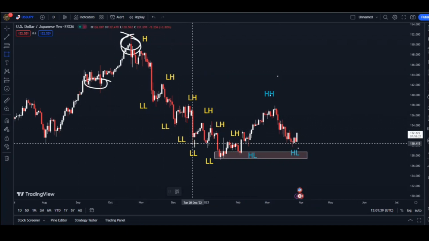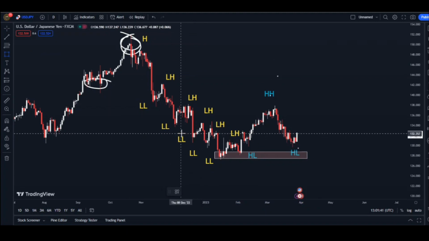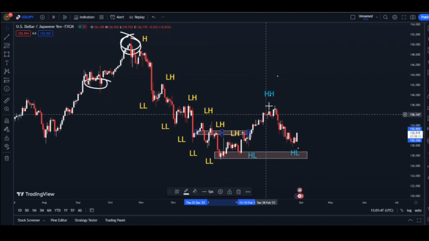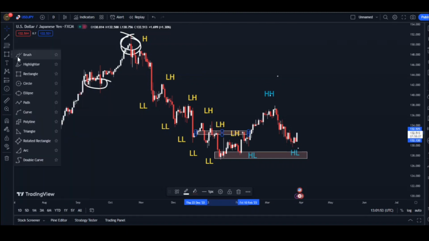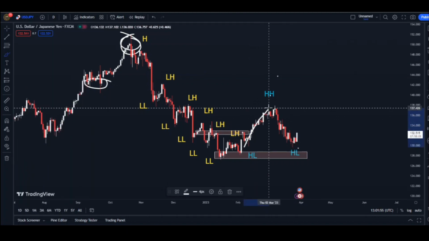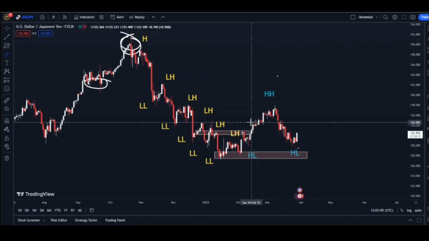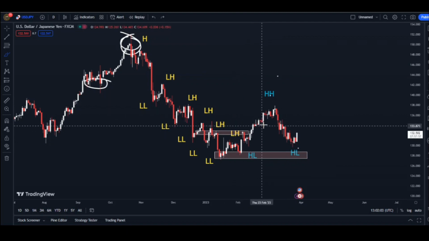And given this average price value, we can fairly say that this resistance has been broken by this move, right? Which means there's a change of structure from this section.